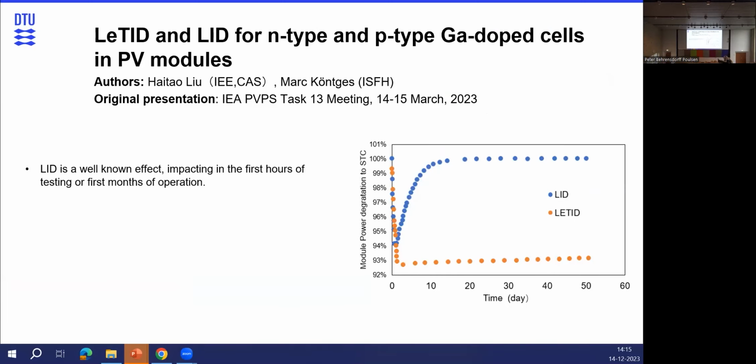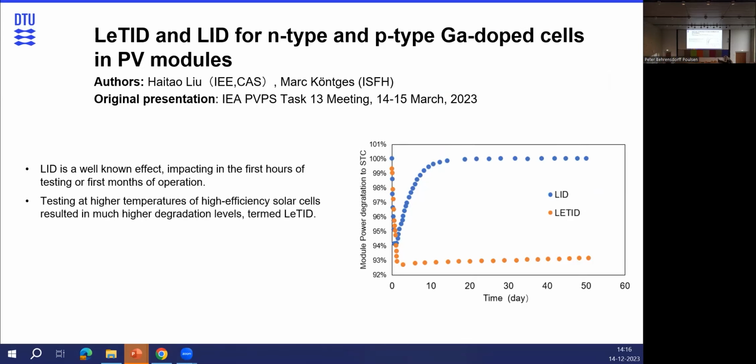Another degradation mode that has been an issue for some years is LID, and its newest form, LETID. LID has been around for many years and is well known. It occurs in the first hours of operation, and it causes a rapid decrease in power and then some recovery.